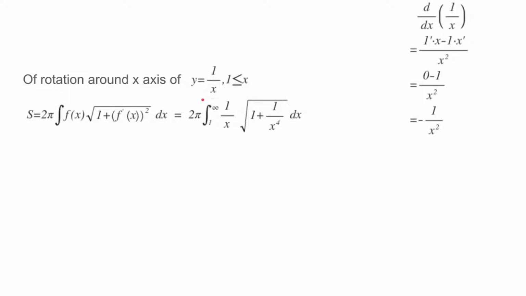Since it's hard to solve this part of the formula, we only solve this part first, which is the integral from 1 to infinity of 1 over x. The way we solve this part is to use limits, with a going to infinity, and rewrite it as the integral from 1 to a of 1 over x dx.